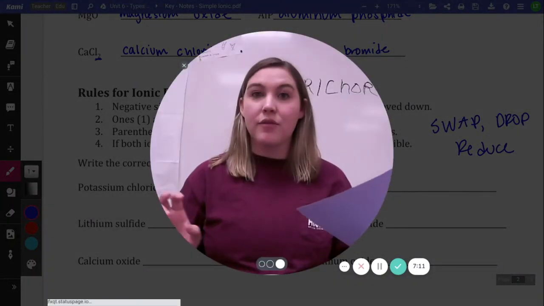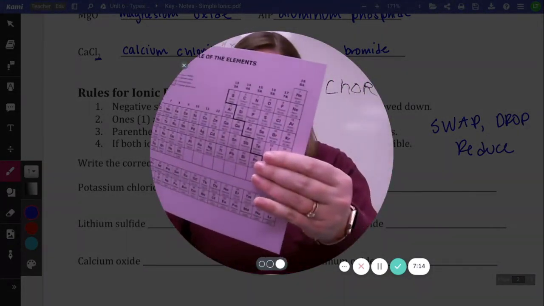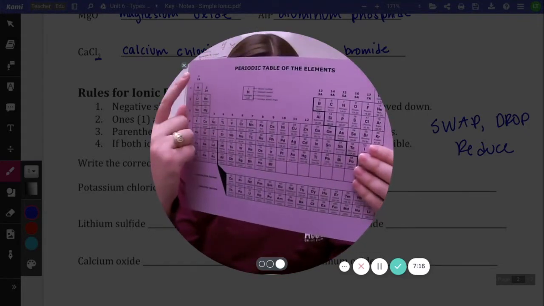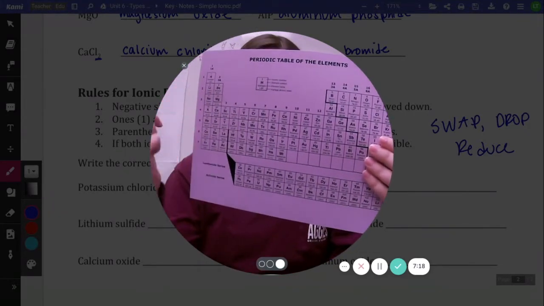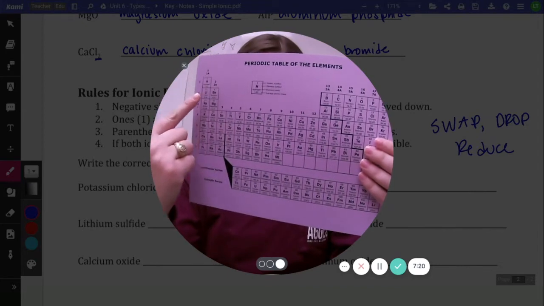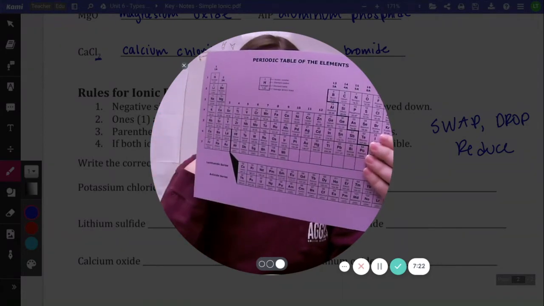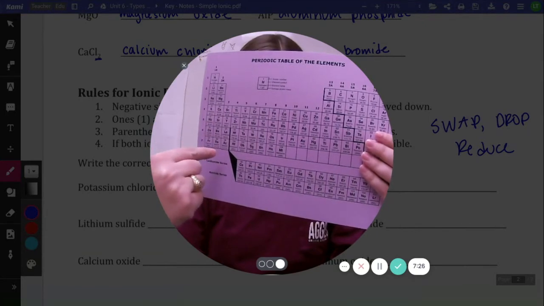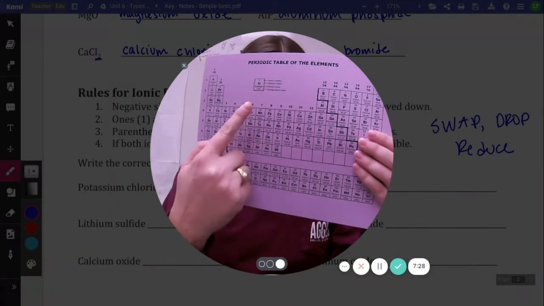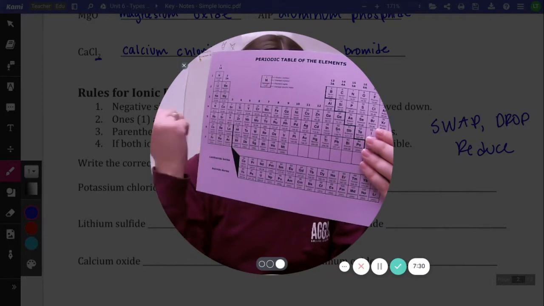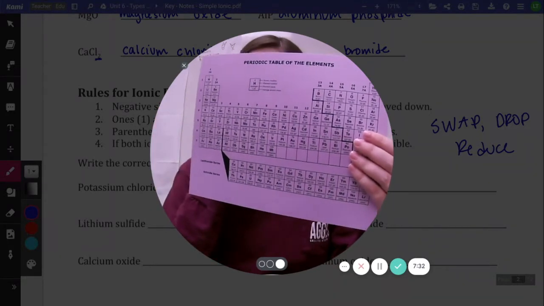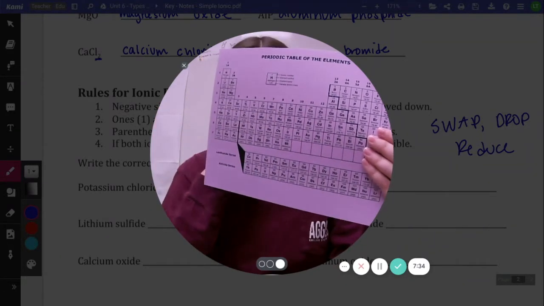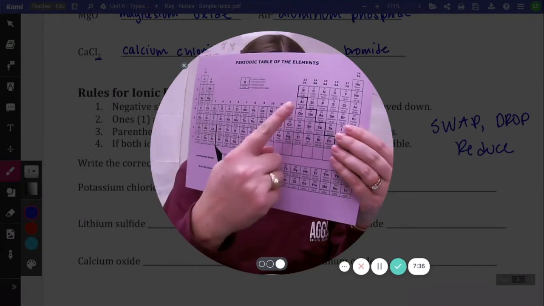So I'm going to quickly go over with you what our charges are on the periodic table for different substances. If we start over here in group 1, everything has a positive 1 charge. Group 2, everything has a positive 2 charge. Our transition metals in the center are going to have varying charges, and we'll talk about how to name them and how to figure out their charges next class.